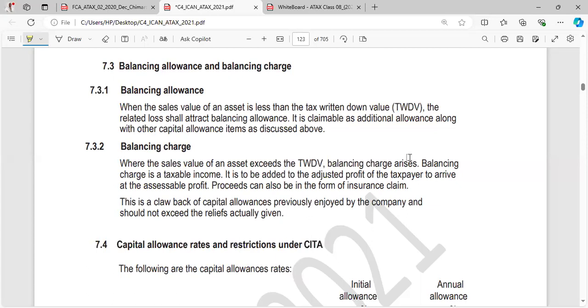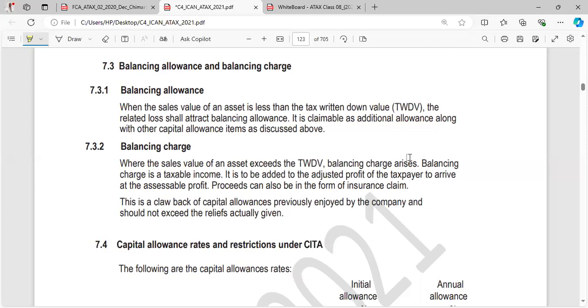So let's say you bought an asset for 10 million, and you've taken initial allowance. Let's say initial allowance is 50%. You've taken 50%, which is 5 million gone, and the asset is being used for 5 years. That means the remaining 5 million, you're taking 1 million every year.